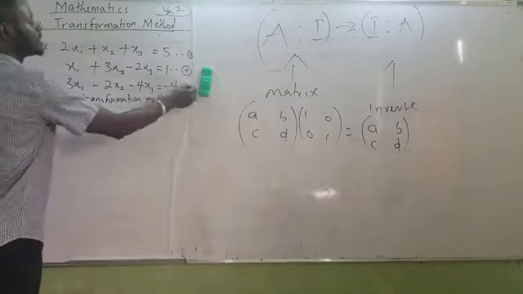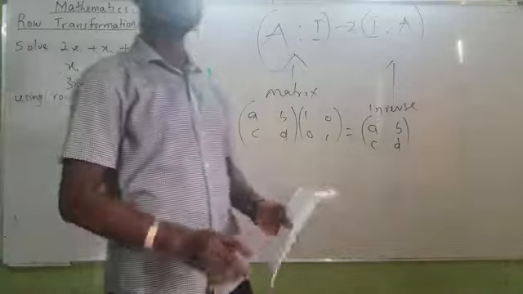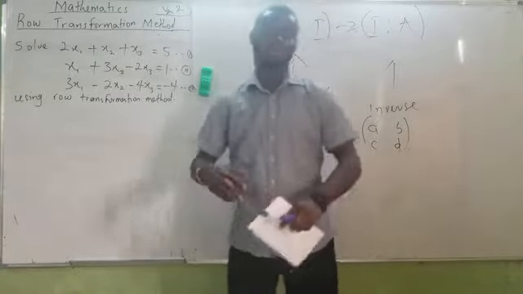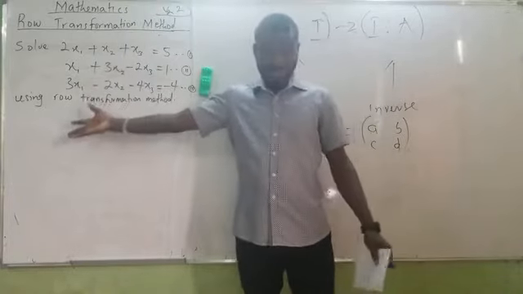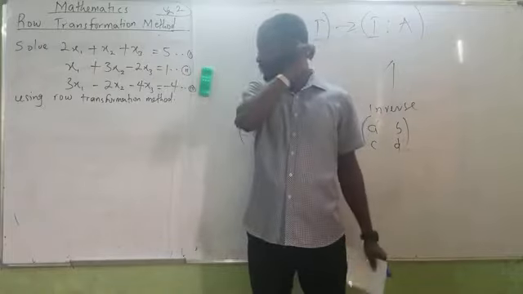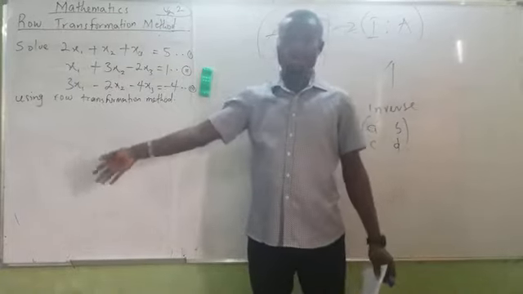Now, I want to solve this problem using the role transformation method. As it is, I can use any comfortable method that I feel like. I can use Cramer's method, also called the determinant method. I can use the inversion method, which you all know about.